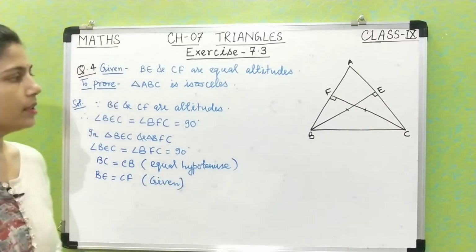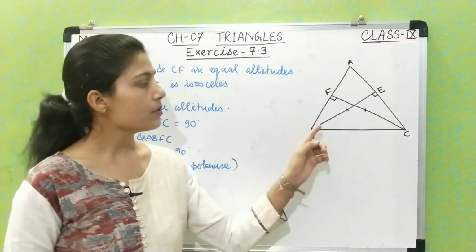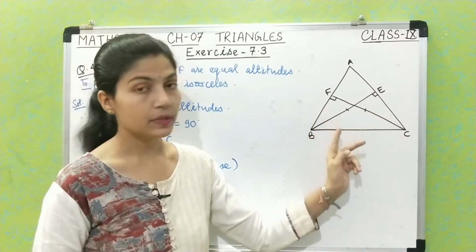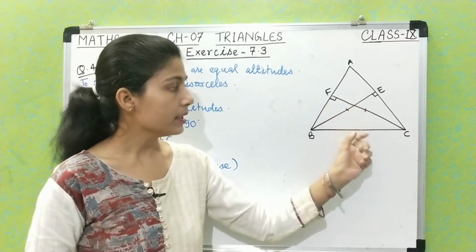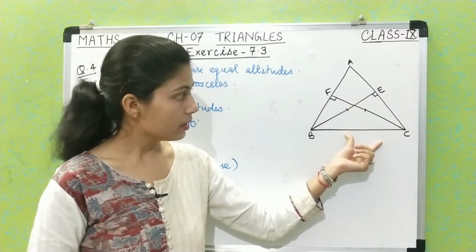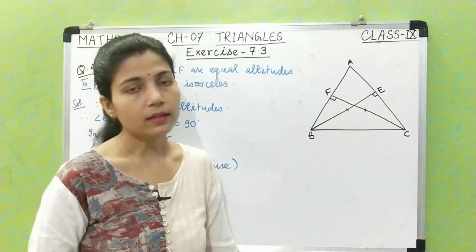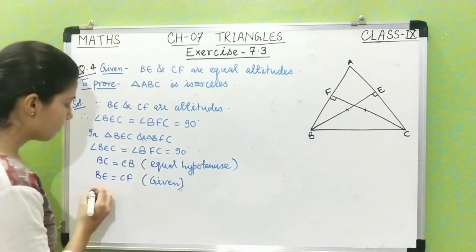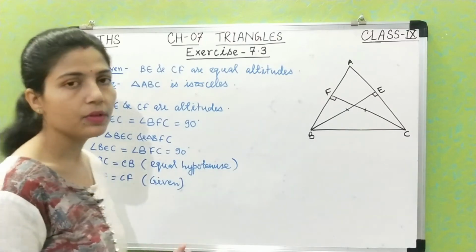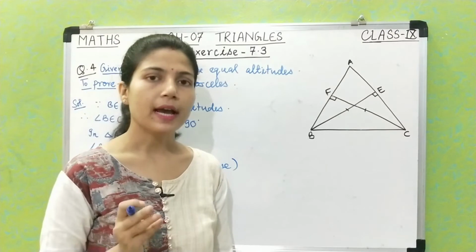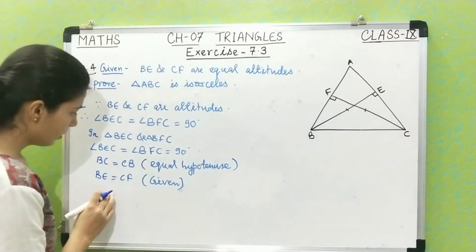Okay, so in this right angle triangle, one angle is 90 degrees. So in triangles BEC and BFC, one angle is 90 degrees and the hypotenuses are equal, and one side of each right angle triangle is equal. So by RHS congruency rule, in RHS we have one right angle, one hypotenuse and one side. Okay, so the same we are getting here.